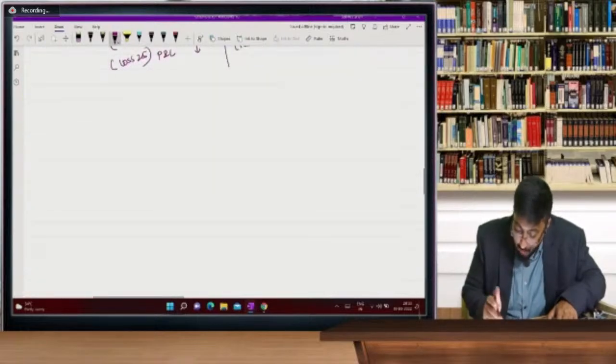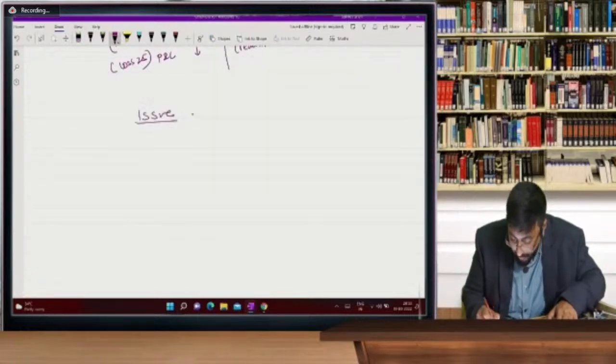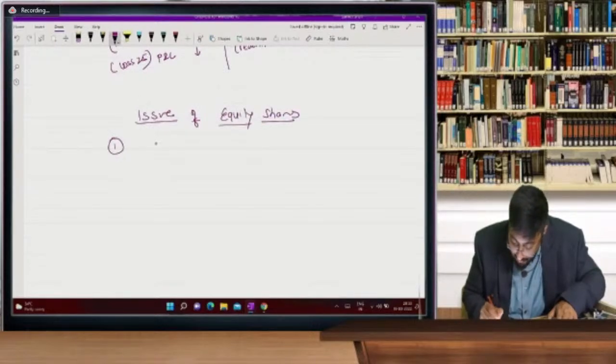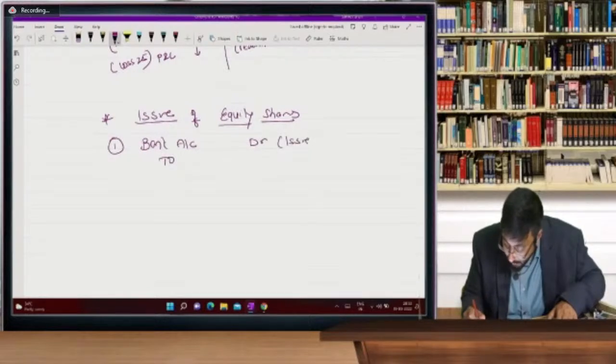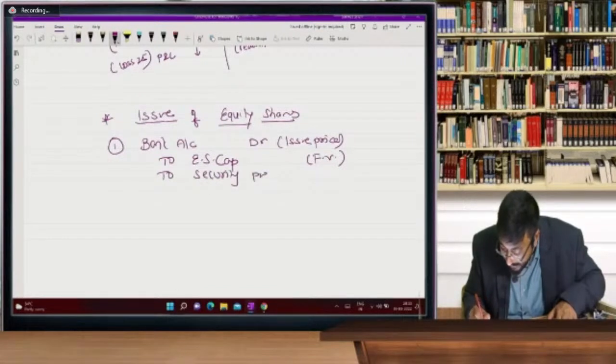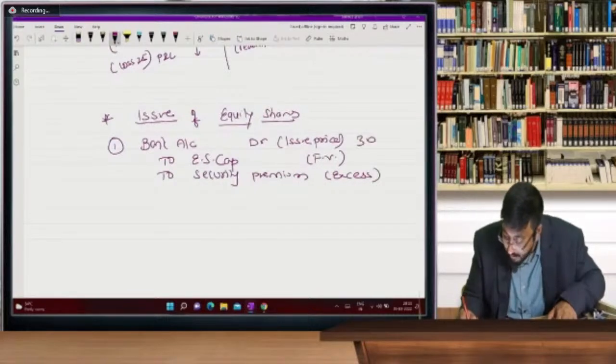Now beta, issue of equity shares. Now to maintain capital structure, issue of equity shares. What is the entry? Only one entry. Bank account debit, issue price to equity share capital at face value, and to security premium, the excess amount. Now in our example, only 30,000 is needed.